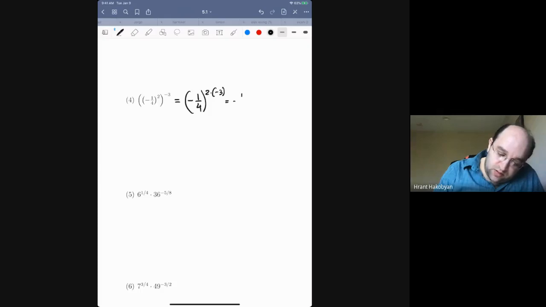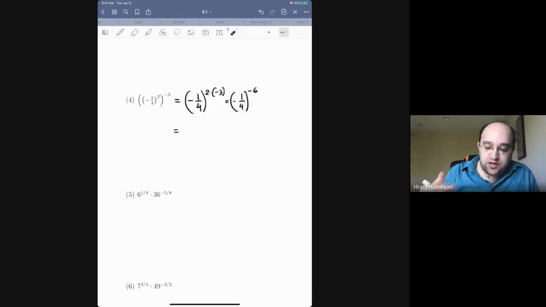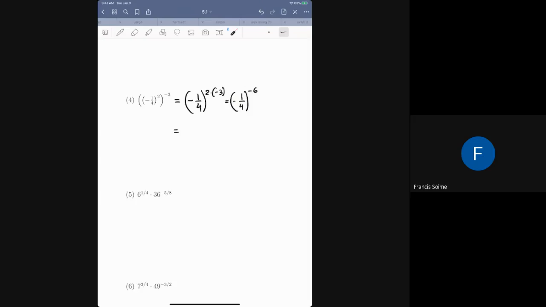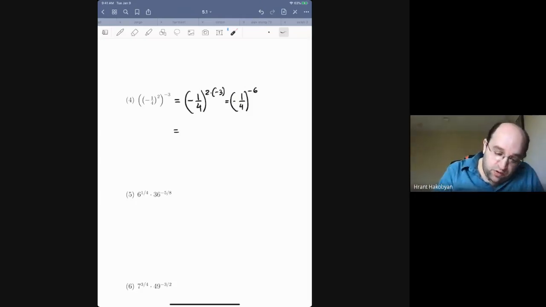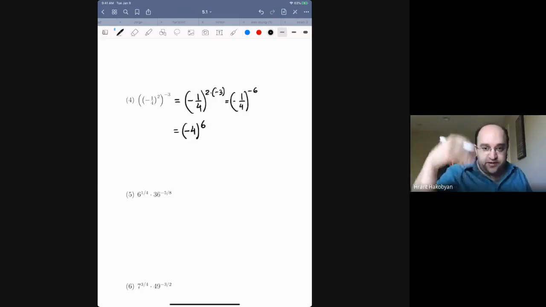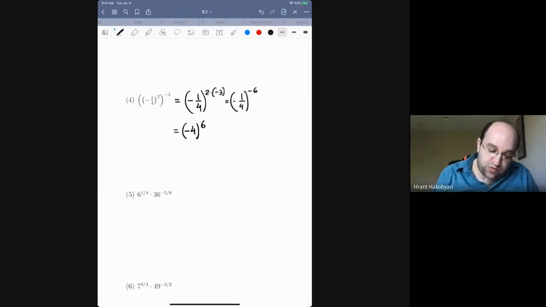So it's negative 1/4 to power negative 6. And just like in the previous problem, negative 1/4 to power negative 6 is the same thing as negative 4 to power 6, because I take the reciprocal and raise it to power 6.